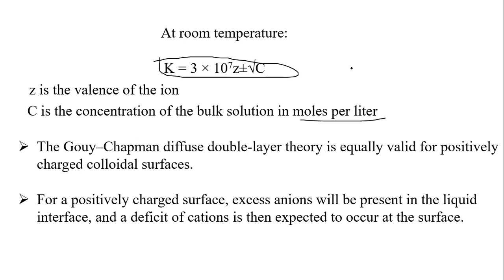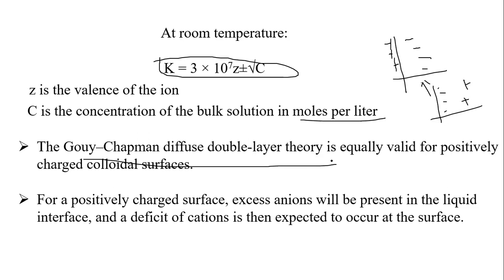For example, if the surface is positively charged, the anions will be present in the liquid area, quite opposite to the regular case, where clay is negatively charged and cations are present there. It is the reverse. But both phenomena can be explained by the Gouy-Chapman diffuse double layer theory.